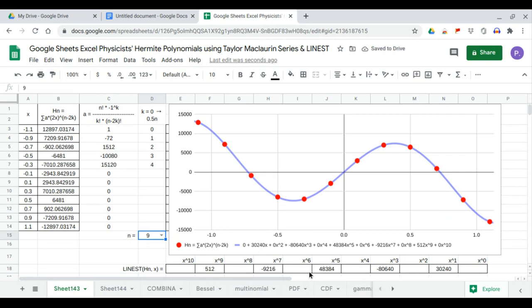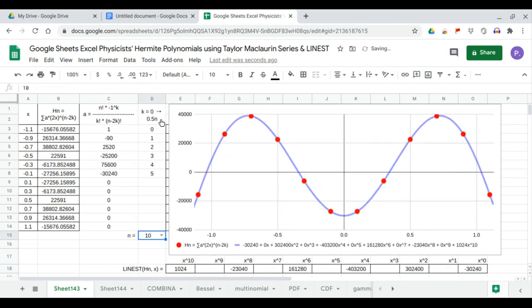At n equals 9 is 30,240x minus 80,640x cubed plus 48,384x to the fifth minus 9,216x to the seventh plus 512x to the ninth.